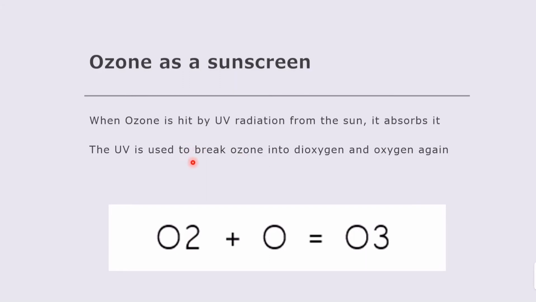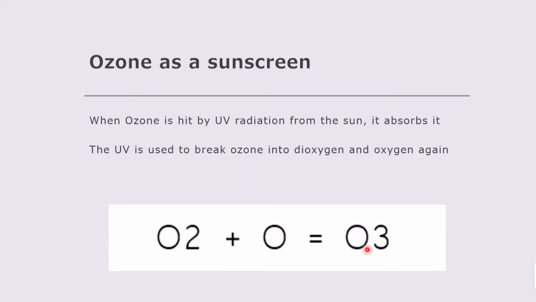It uses this UV to break down ozone into dioxygen and oxygen again. You can see here that this is our formation of ozone, our dioxygen plus our oxygen atom to get our ozone. But when our ozone is hit with this high energy UV, it reverts back into the reactants.